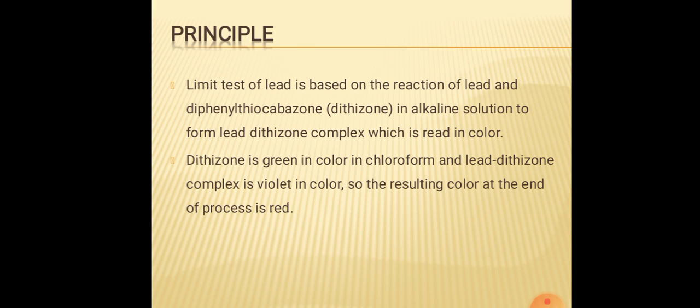When we add dithizone in chloroform, it gives green coloration, and the lead complex gives violet coloration, and because of this the violet and green colors get mixed together and give the red coloration to your limit test solution. So what is the reason behind that? Why is red color produced in your compound?